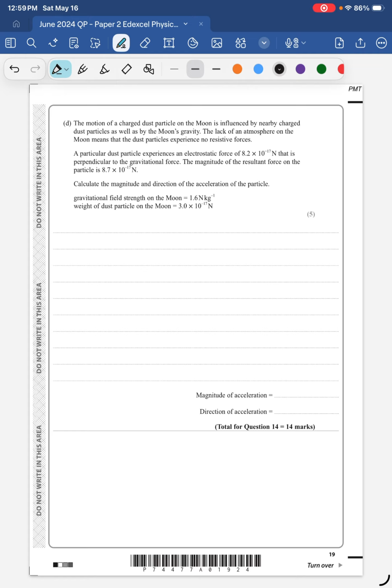First of all, weight is mass times g, so mass is weight over g. So 3 times 10 to the negative 17 newtons over 1.6 yields 1.875 times 10 to the negative 17 kilograms.